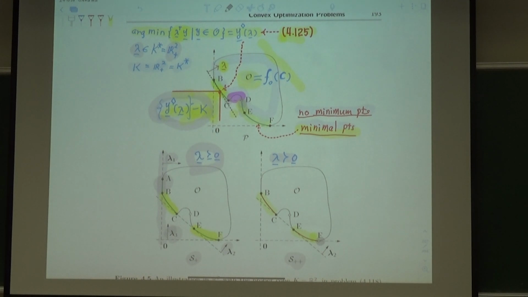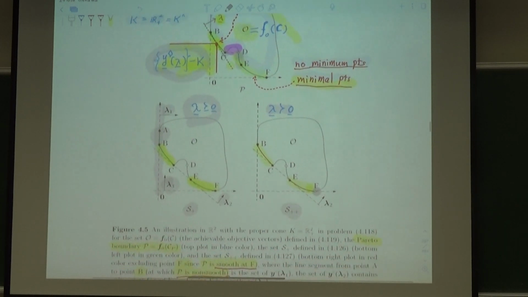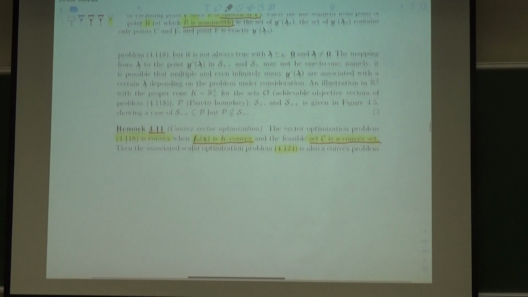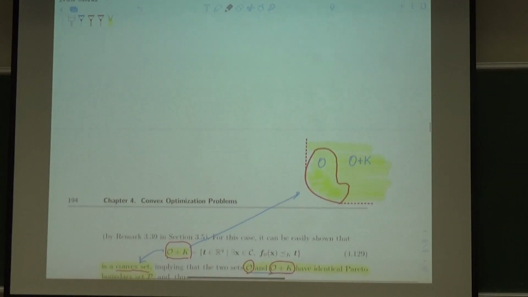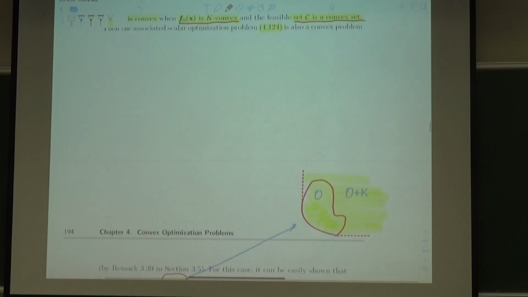If O is convex, indeed you can recover them, you can find them. But because it's a non-convex set for O.